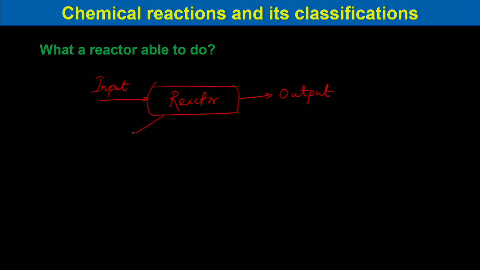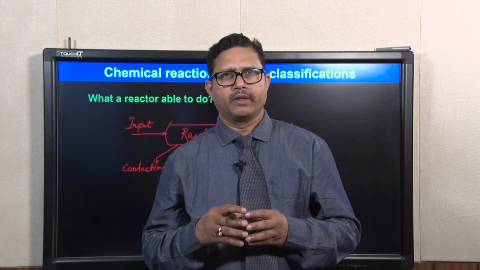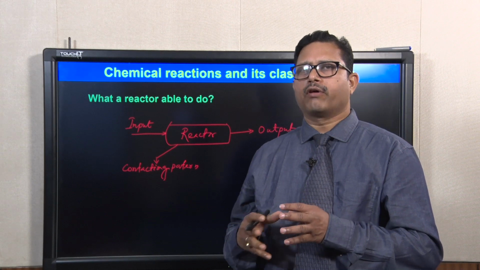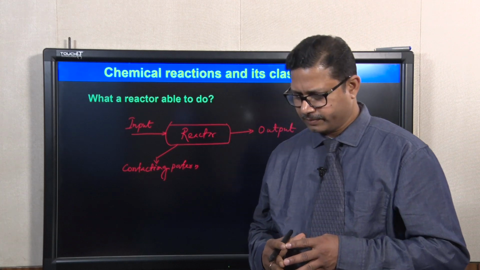You need to know the contacting pattern inside the reactor. That means, when the reactant materials are fed to the reactor, how they contact, how they flow inside the reactor, whether they are well mixed with each other or whether they are segregated from each other, how they flow, what is the contacting pattern inside the reactor.